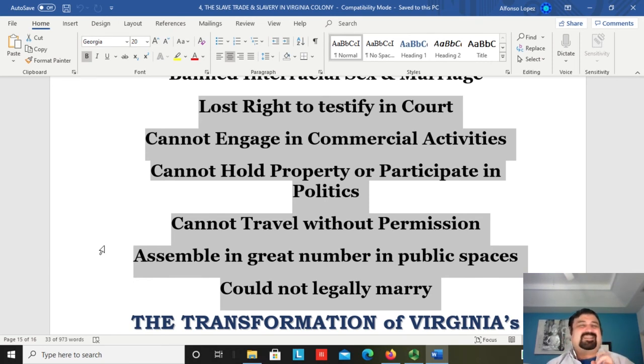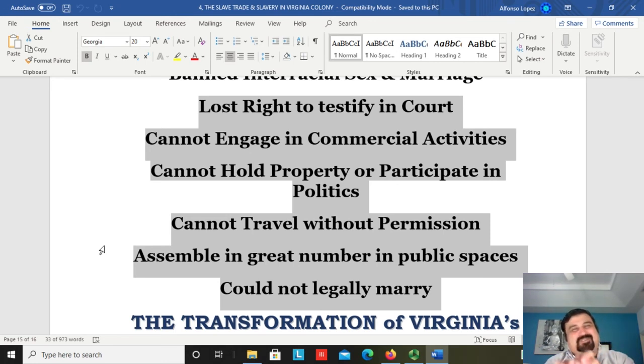For example, they couldn't testify in court or engage in commercial activities. Like, if you're an artisan, you can craft an artwork and sell it on the market during the weekend. You couldn't hold property or participate in politics. Couldn't travel without permission or assemble in great numbers in public spaces, and couldn't legally marry as well.